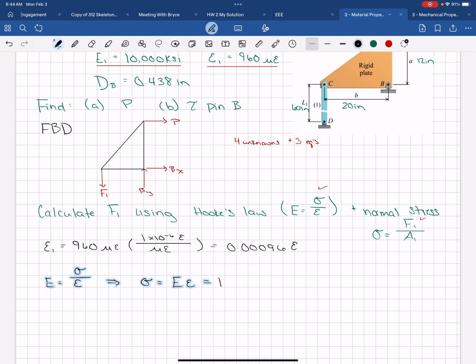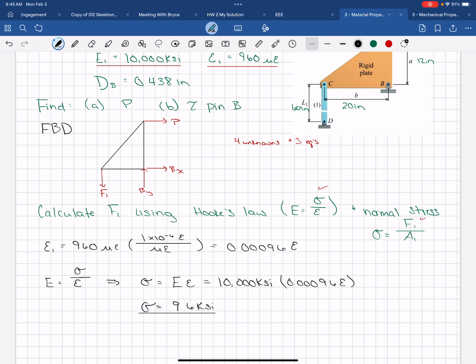E is 10,000 kips per square inch, and the strain is 0.00096, meaning that sigma equals 9.6 KSI.